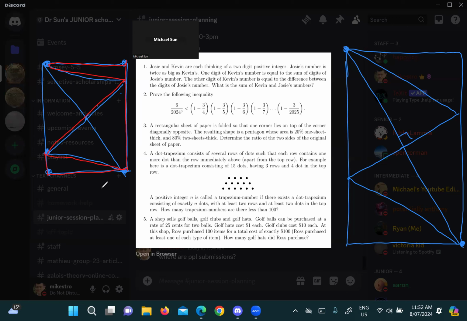And it's a very basic relationship. I'm not asking you for anything crazy. So my question is, what is the relationship between this triangle and this triangle?